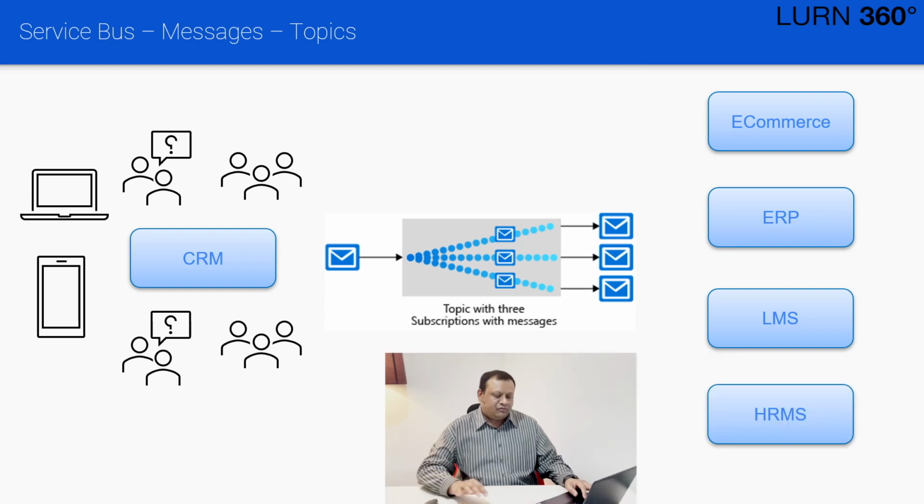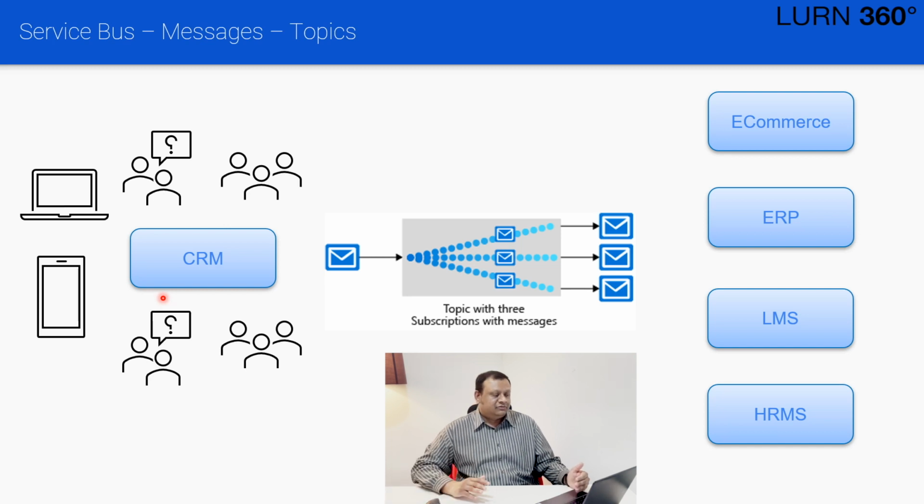Let's take a look at one actual scenario where this would be a good use of a topic. In the same scenario that we reviewed in the last video, the CRM system is generating a lot of customer-related data changes, and all of the data needs to be synced with a system. Now, let's say in the same case, you have multiple systems that need the changes in the CRM.